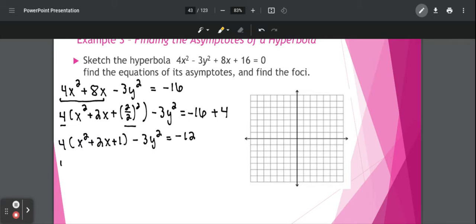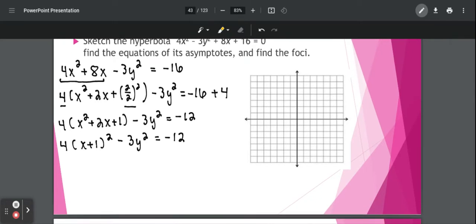And if we factor that, we get 4 times x plus 1 squared minus 3y squared equals negative 12. And so remember, for hyperbolas, if we want to put them in standard form, we need them to equal positive 1, which means we need to divide everything, in this case, by negative 12.